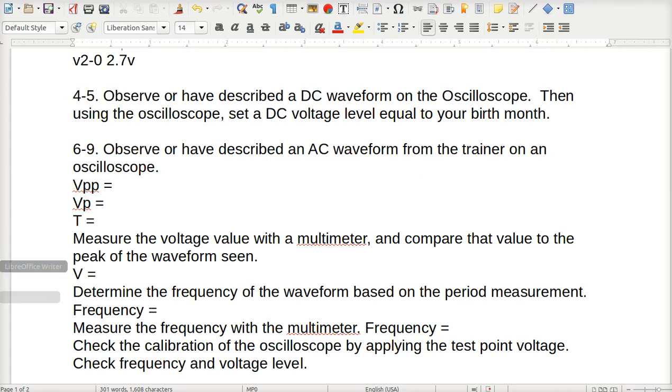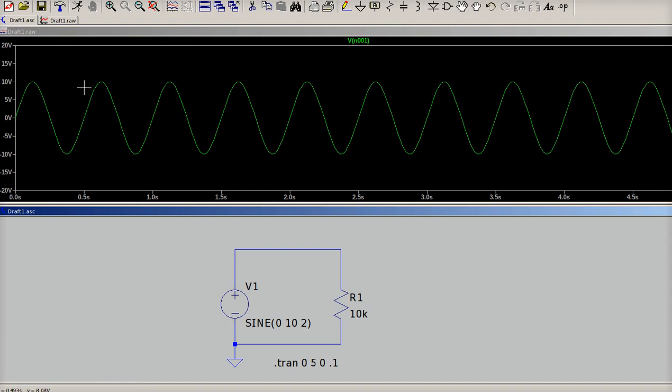So, back in Spice, what is my peak-to-peak voltage of that waveform? Well, if I measure from the top of one peak to the bottom of the other peak, how far have I gone voltage-wise?